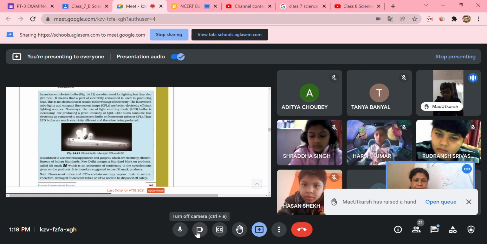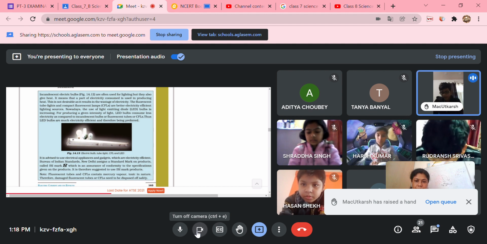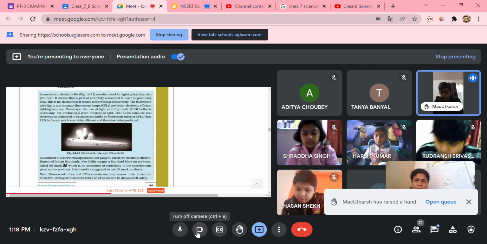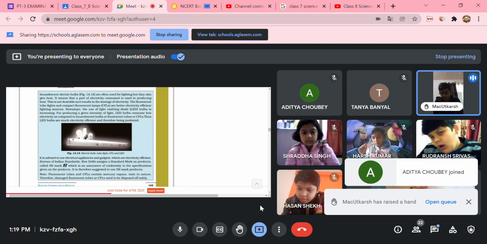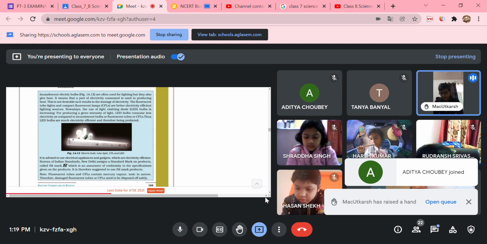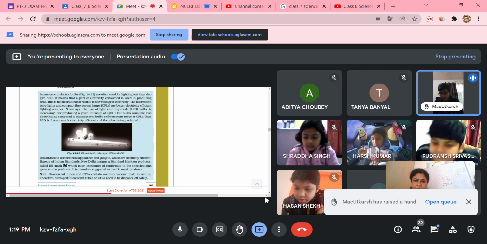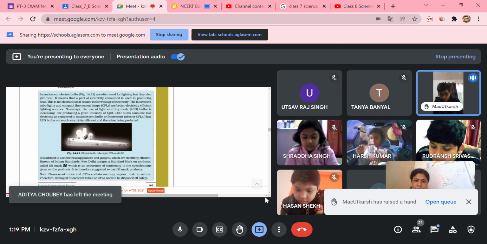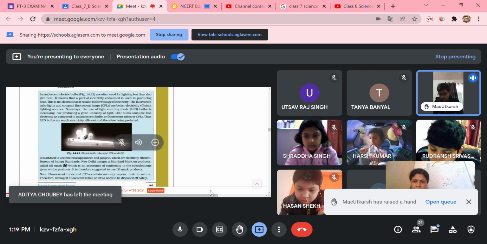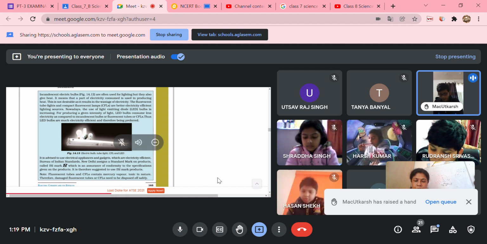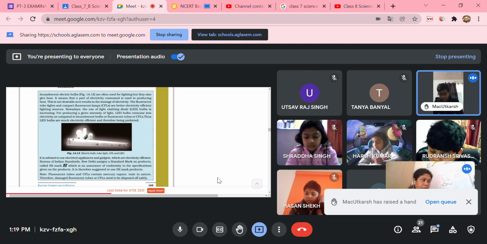Thus, LED bulbs are much more electricity efficient and therefore being preferred. It is advised to use electrical appliances and gadgets which are electricity efficient. The Bureau of Indian Standards, New Delhi, assigns a standard mark on products called the ISI mark, which is an assurance of conformity to the specifications given on the products.